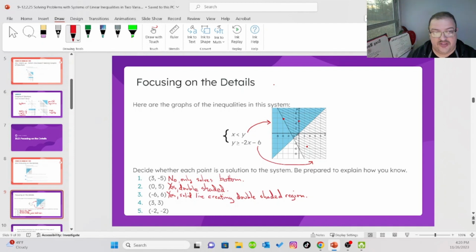Next point is (3, 3). That means our x value is 3 and our y value is 3, and we're right here on the dashed line. Now, even though this part of a line is creating the double shaded area, dashed lines are never solutions.